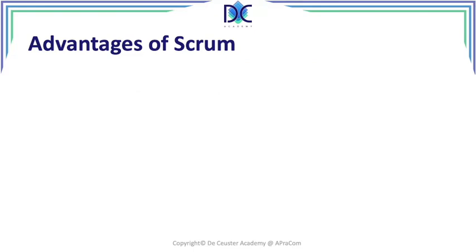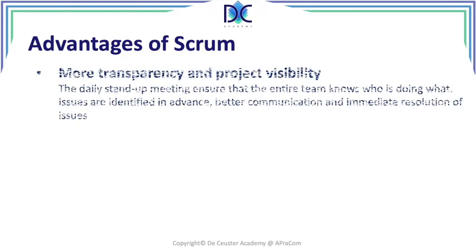Now, we look at Scrum, and I want to go back to the advantages and the disadvantages before we continue. When we look at Scrum, we have more transparency and project visibility. In Scrum, we have something we call the daily stand-up meetings.